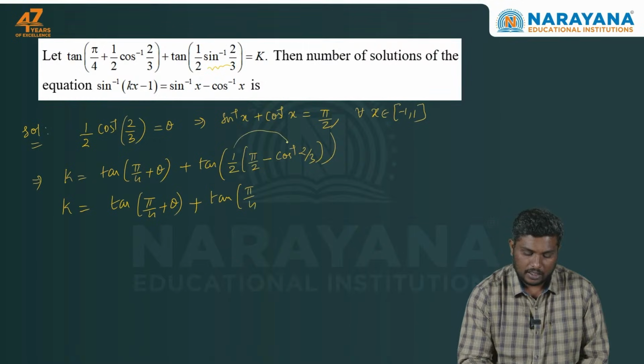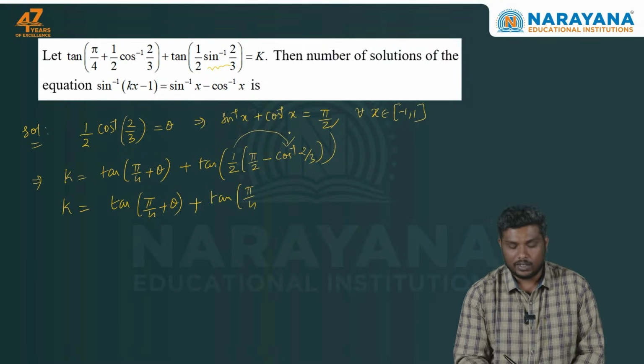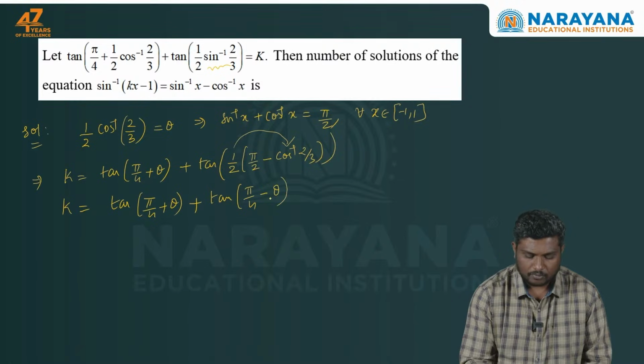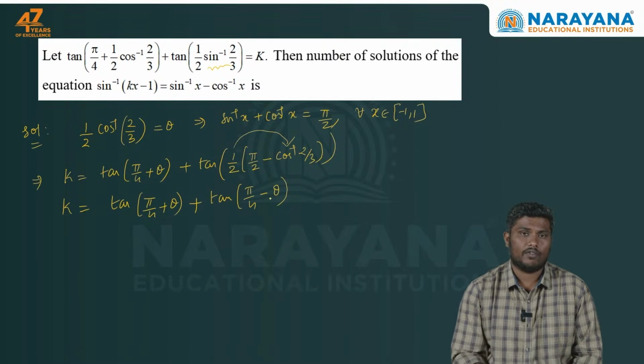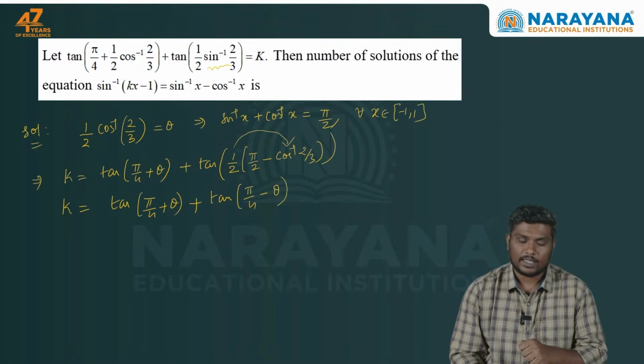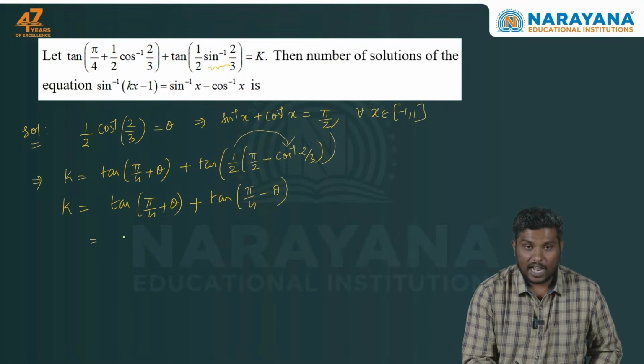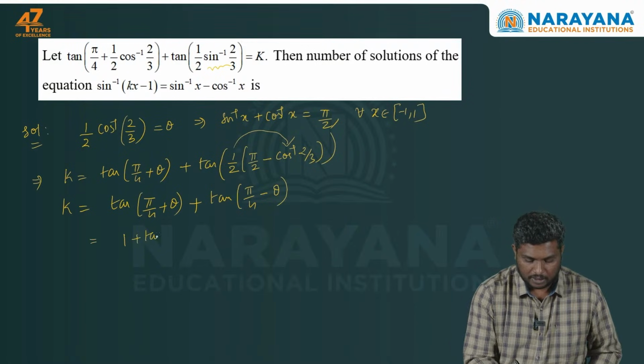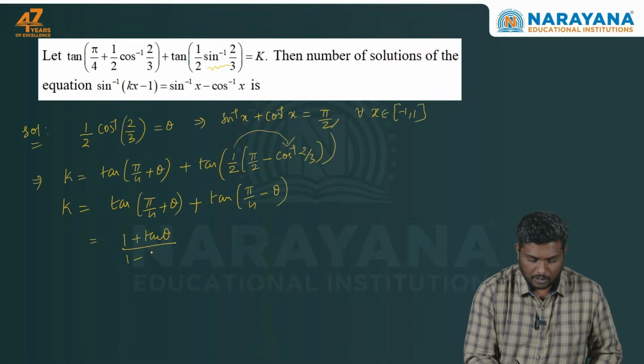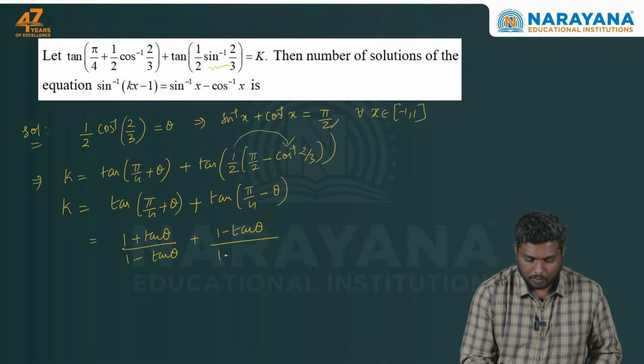See guys, this into this will once again become theta, so it will give us minus theta. So once again, a basic trigonometric formula, tan of a plus b plus tan of a minus b. Tan of a plus b is tan pi by 4, which is 1 plus tan theta by 1 minus tan theta plus 1 minus tan theta by 1 plus tan theta.